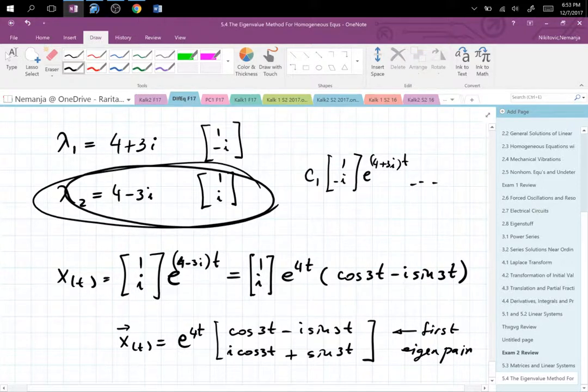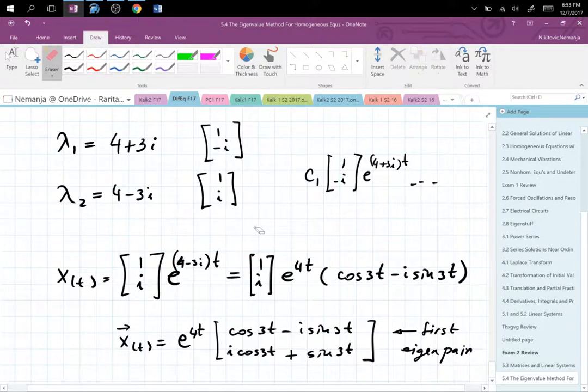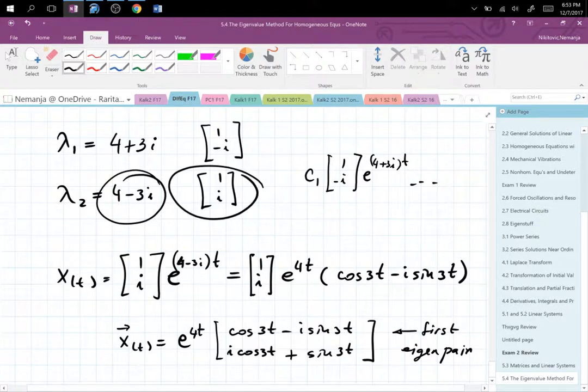Oh, this was the second. I use the appropriate ones. You see, the other one is negative i and it's plus 3, but I use the minus. You see the minus, right? Yeah. Good.